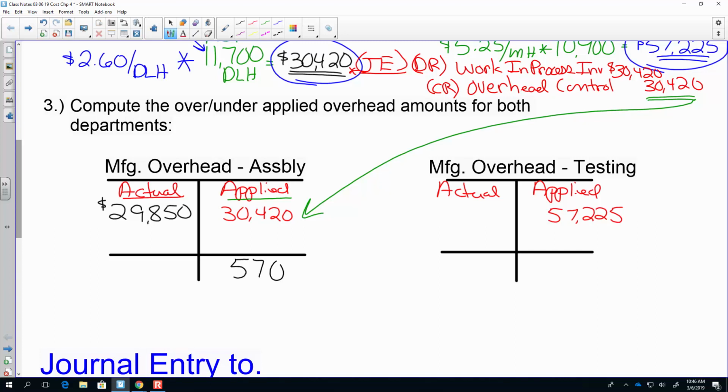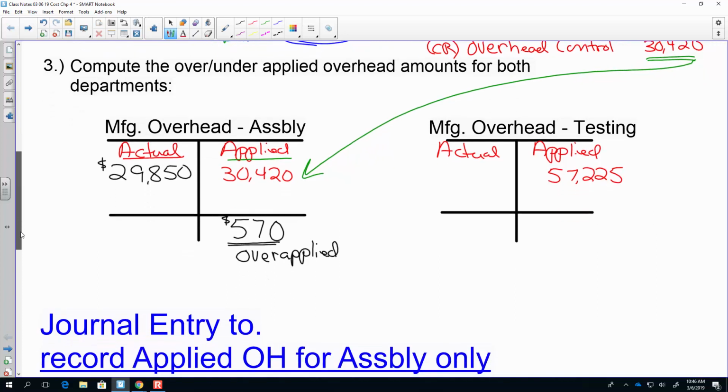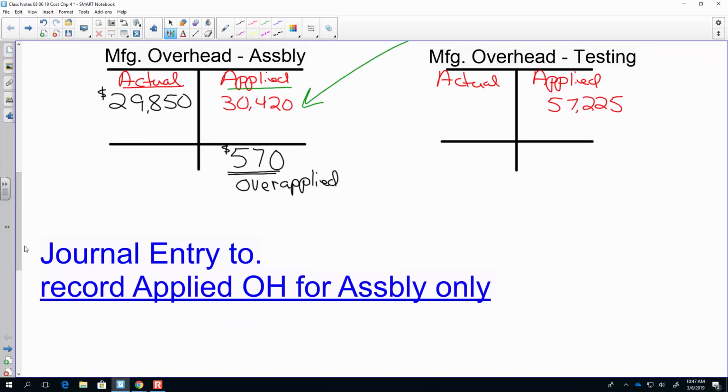And then my next question, the exam will ask, is it over or under applied? Over applied. Very good. Perfect. Here again, it's going to be multiple choice questions that'll have 570 over applied or 570 under. So take your time, be careful, make sure that we have that correct.